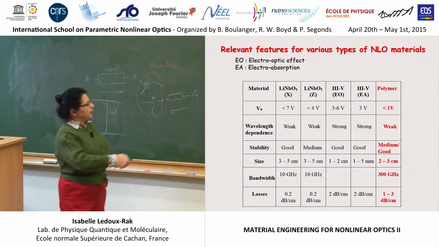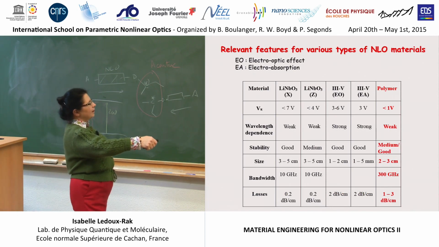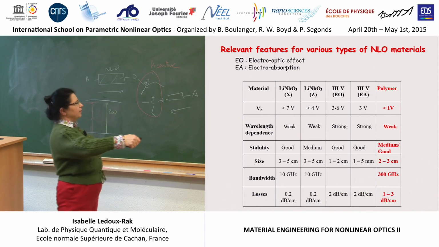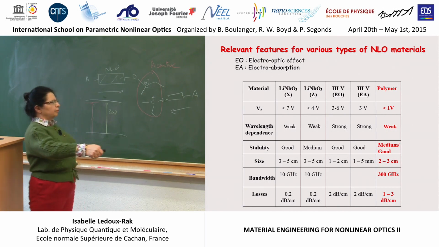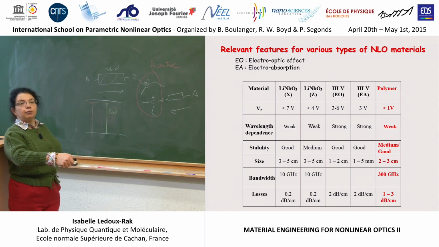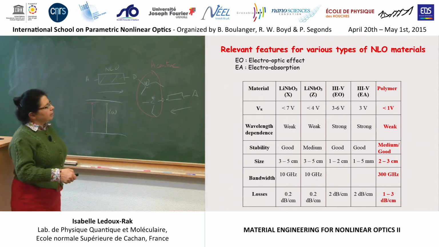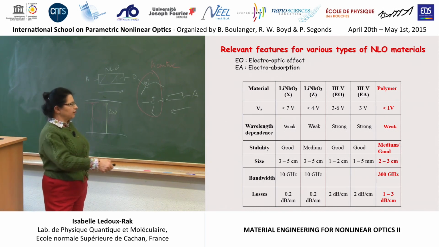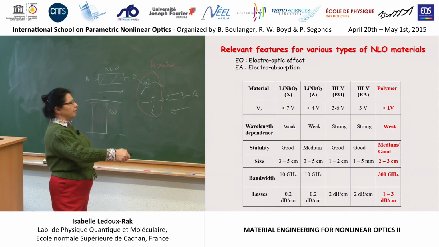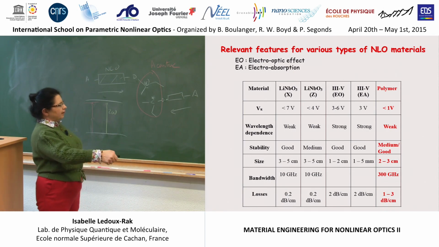And then to compare various kinds of electro-optic devices, the operating voltages are relatively similar, but for polymers, it has been possible to show that operating voltage is lower than 1 volt. The wavelength dependence is important also, because we need to adjust to small wavelength changes, and is weak for both oxide and for polymers.